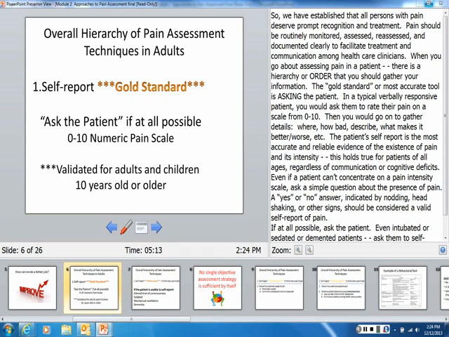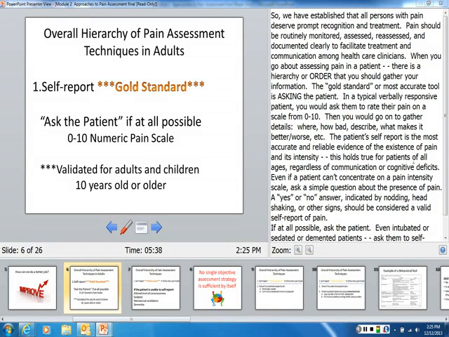Even if a patient can't concentrate on this particular pain intensity scale, go ahead and ask them a simple question about whether or not they have pain. A yes or no answer, indicated by nodding, head shaking, or other signs, should be considered a valid self-report of pain.